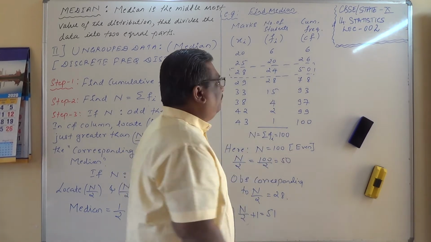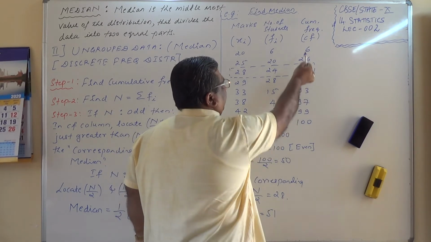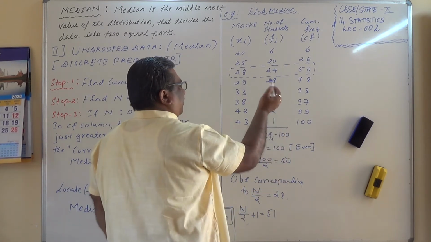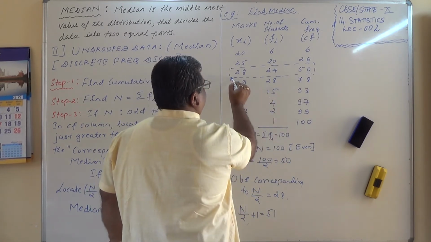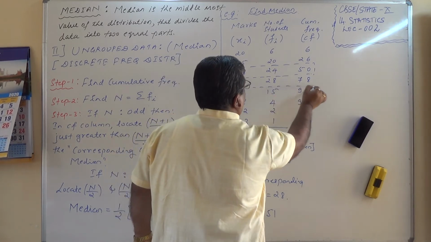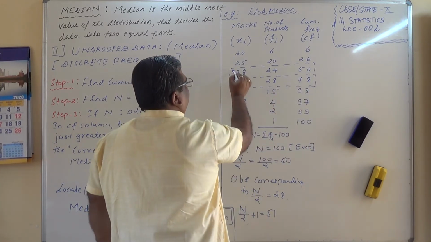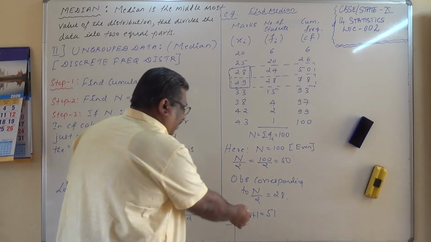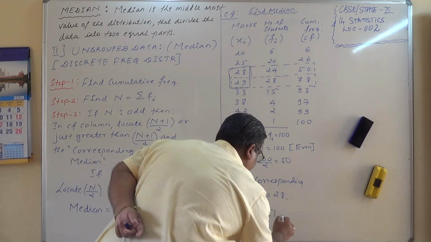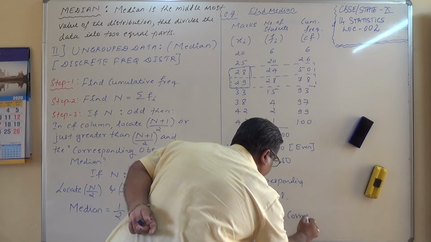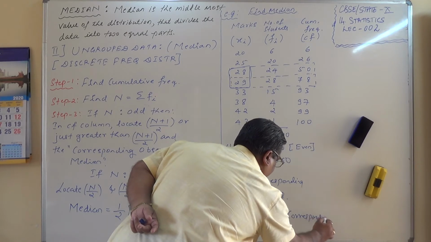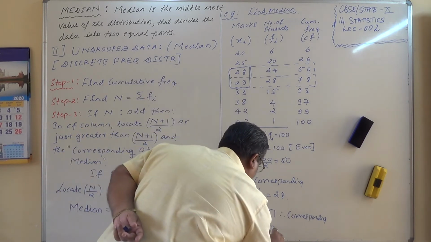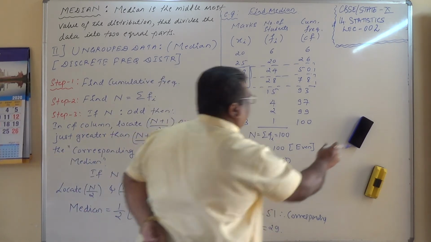Just greater than 51 in this column is 78, and therefore the observation corresponding to 78 is this one, 29. So the observation corresponding to n by 2 plus 1 is equal to 29.